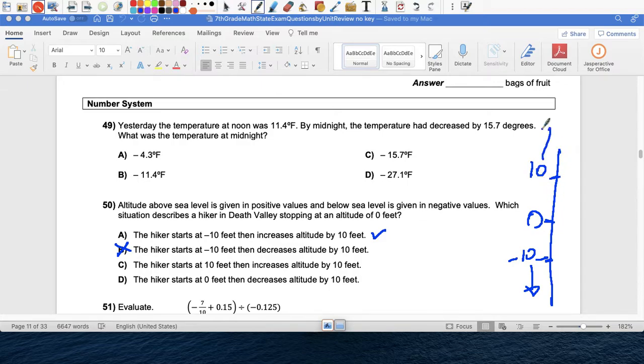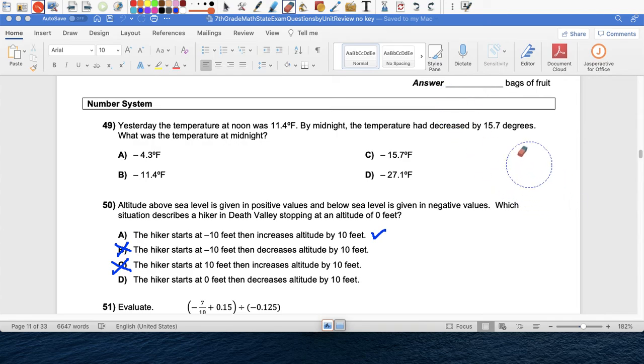He ends up at 20. C is definitely not it. And then D, the hiker starts at 0, so here's 0, that's where he is. Then decreases by 10, which means he ends up at negative 10. So definitely not. The only one that ends at 0 is choice A.